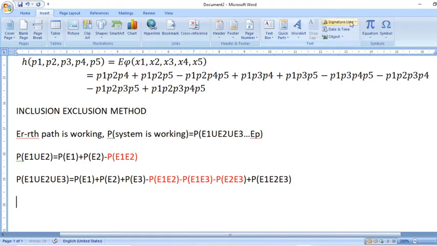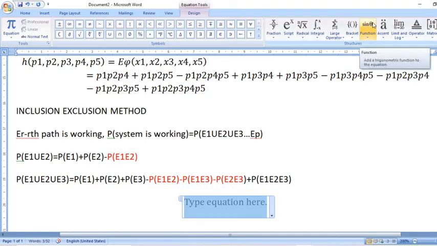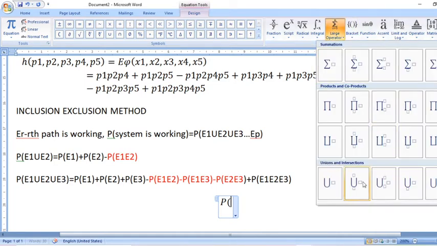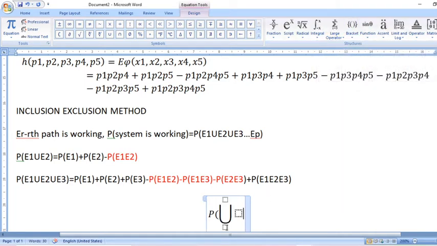You can write the general expression like this, with notation: the probability of the union for i equal to 1 to P of Ei, supposing there are P paths, equals a summation.